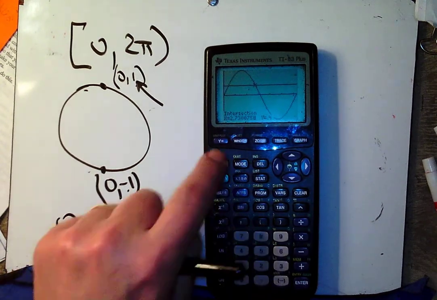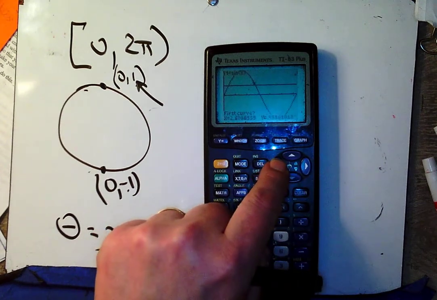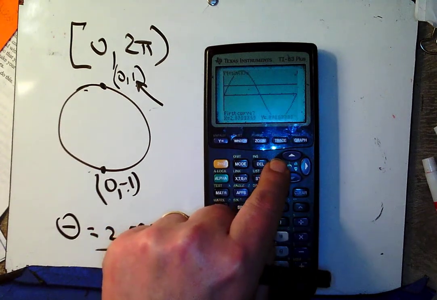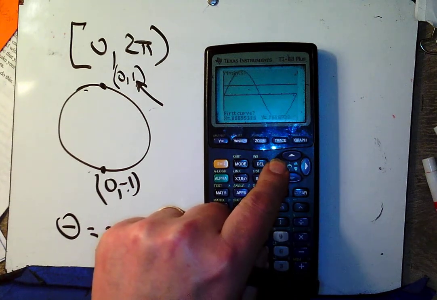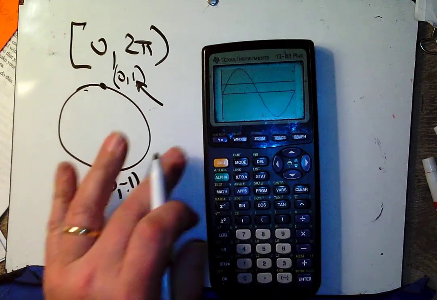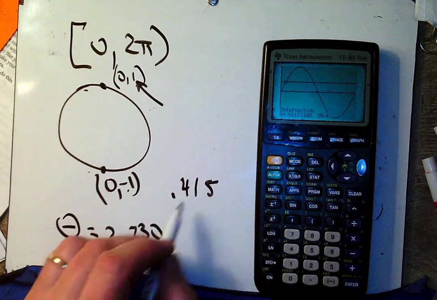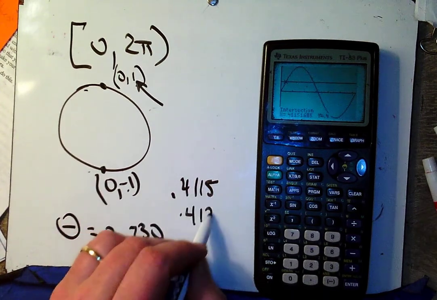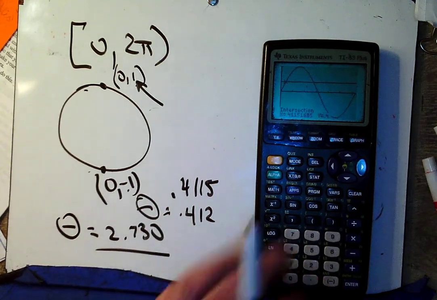Oh, how cool. And second, calculate, intersect. Bring my cursor closer to that other point of intersection. That's going to be over here. And I get 0.4115 or 0.412. Ta-da!